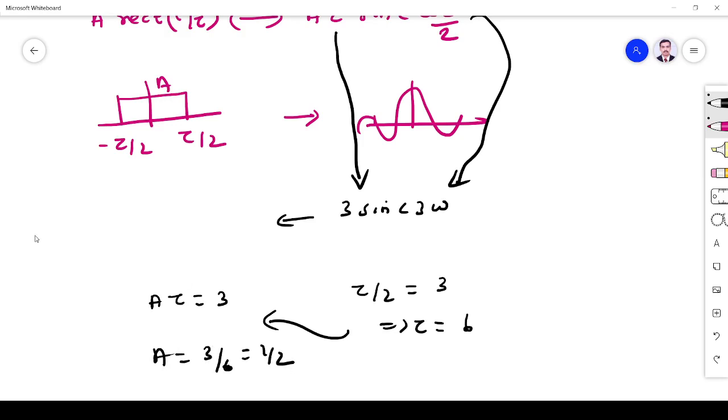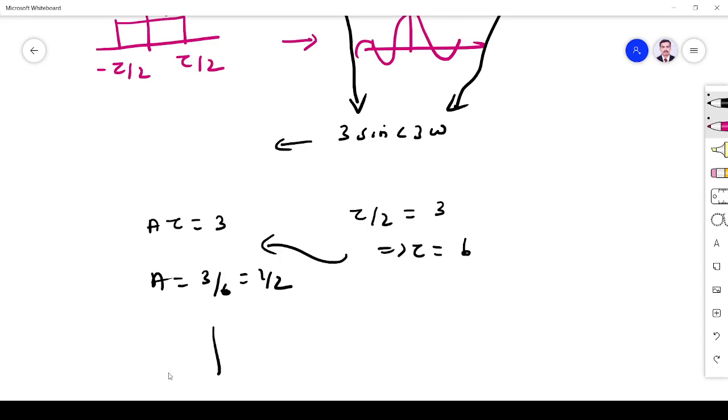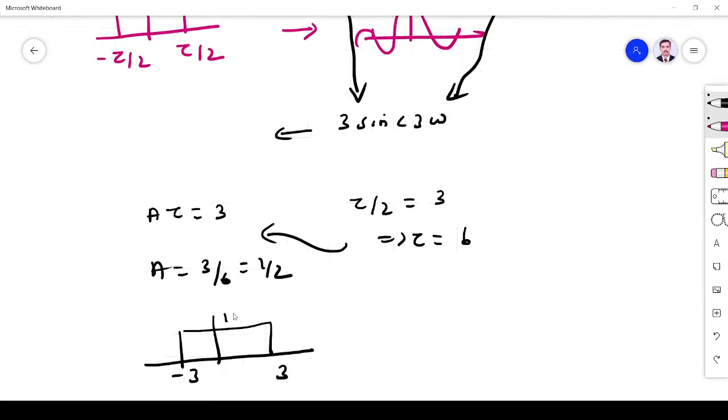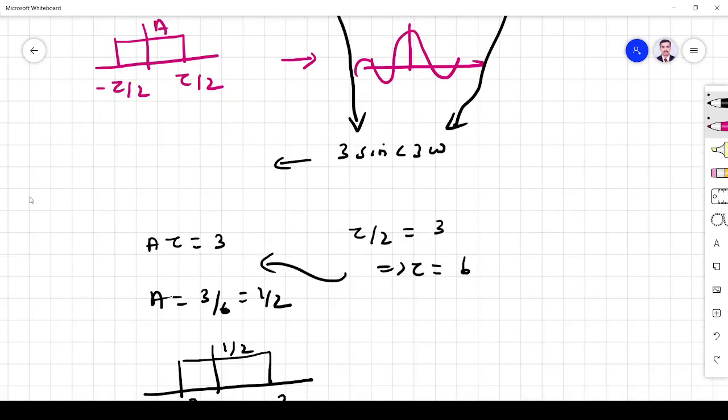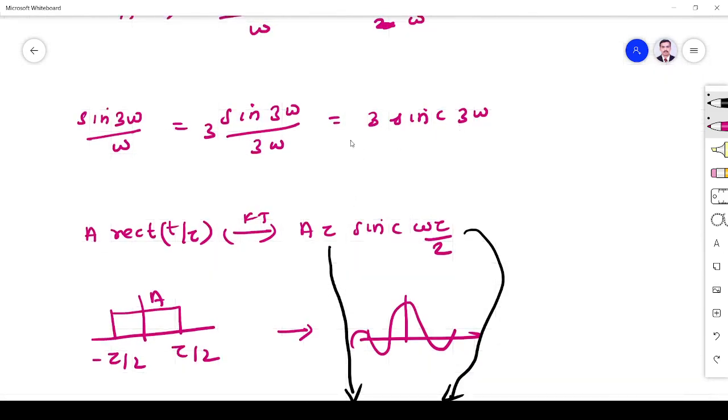So now if I draw the graphical representation, the pulse goes from minus tau by 2 to plus tau by 2, that is minus 3 to plus 3, and here A is 1 by 2. So this is the inverse Fourier transform of 3 sinc 3 omega.